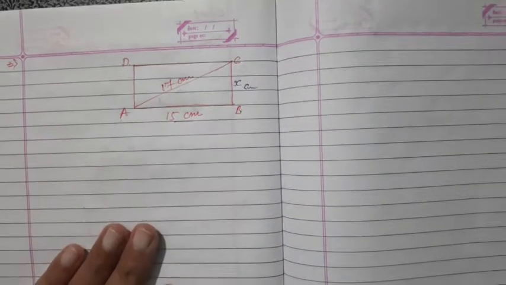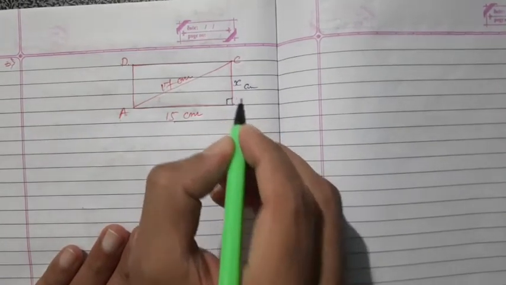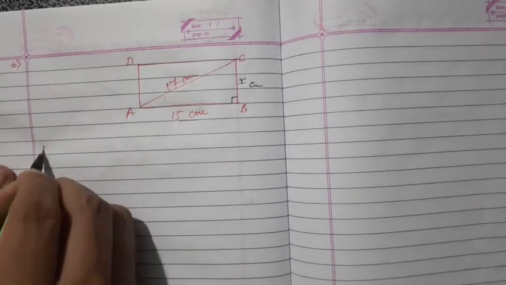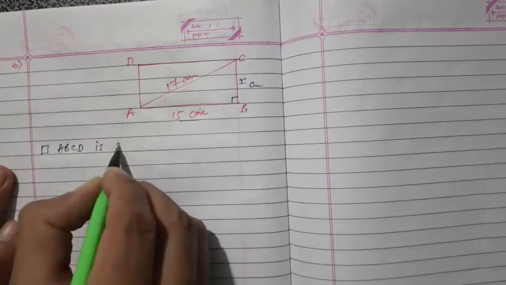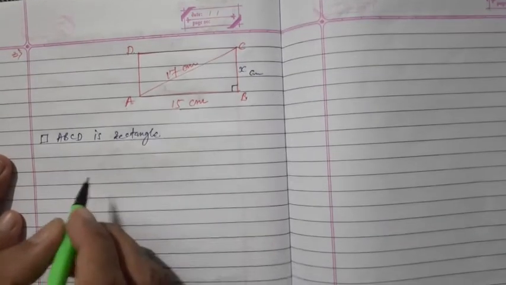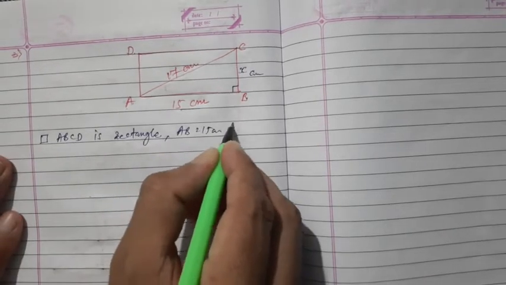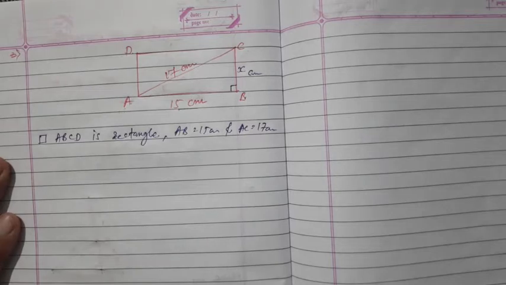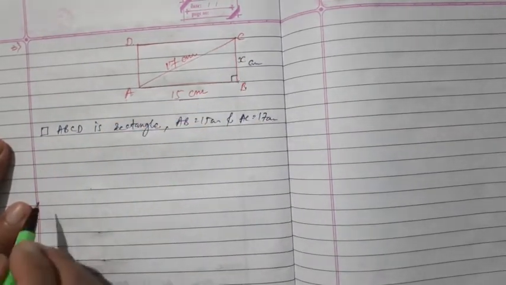Now we know that in a rectangle all angles are 90 degree right angles. So here quadrilateral ABCD is a rectangle, in which AB equals 15 centimeter and AC equals 17 centimeter. Now look, triangle ABC.